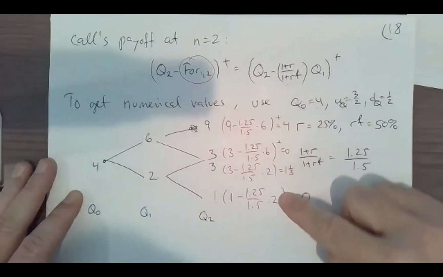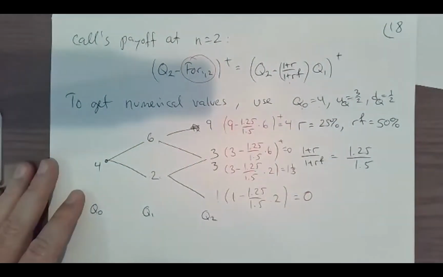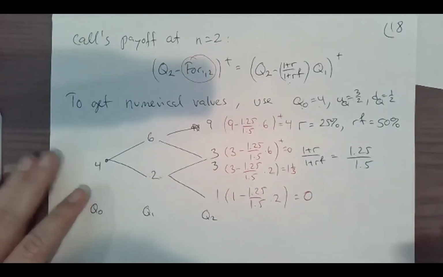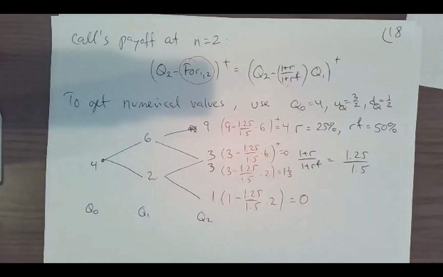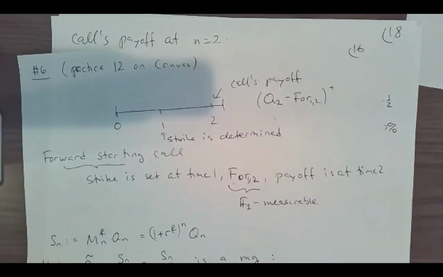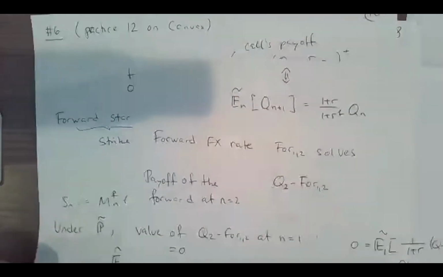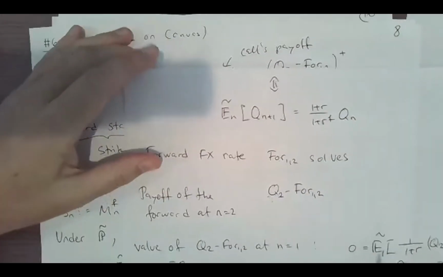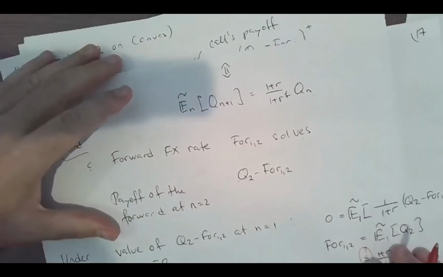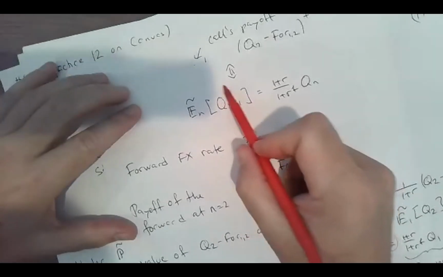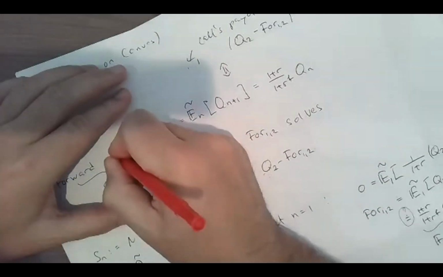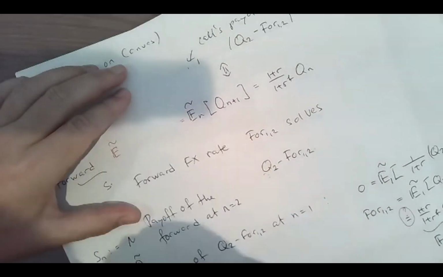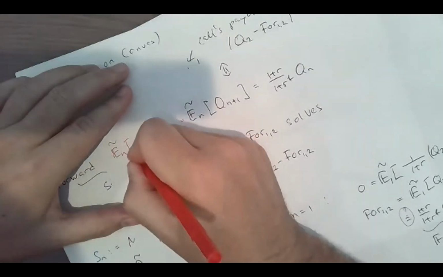So now we have the payoff, and we can now roll it back. We need to use the risk neutral probabilities. We need to figure out what those are. We've done that a number of times, but we can do that again. If I have a binomial model, following up on Ms. Wang's comment, I can write this as the conditional expectation under the risk neutral measure of Qn.